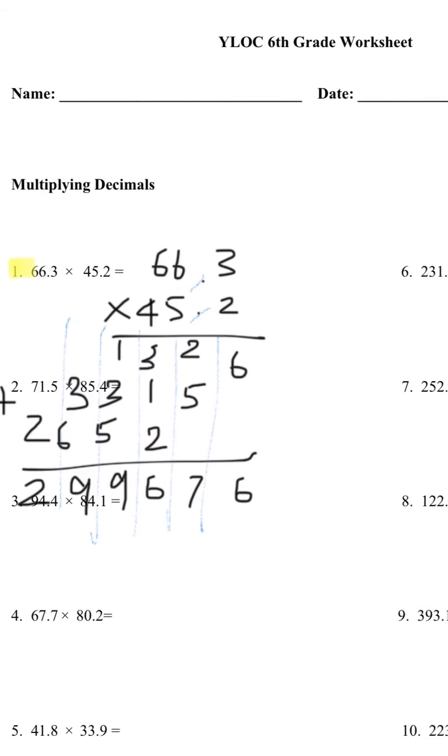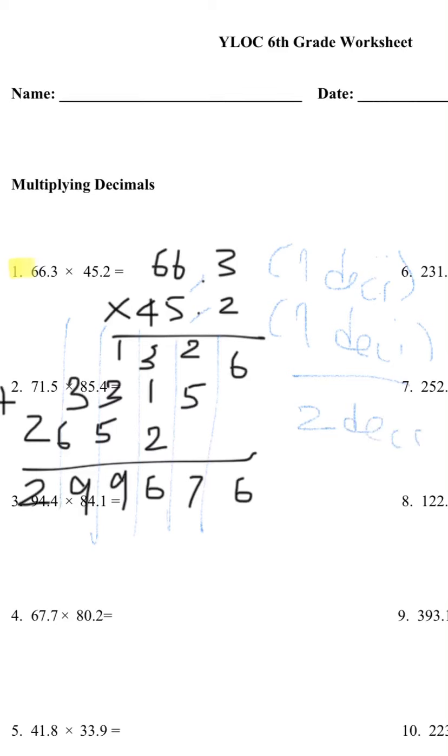Well, we look at how many decimal places there are in total, right? So then here, there's one decimal place. And then here, there's another decimal point, right? So then in total, we have 2 decimal points, right?